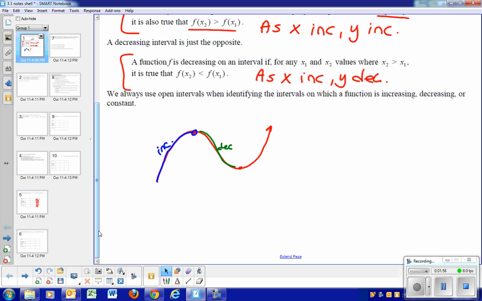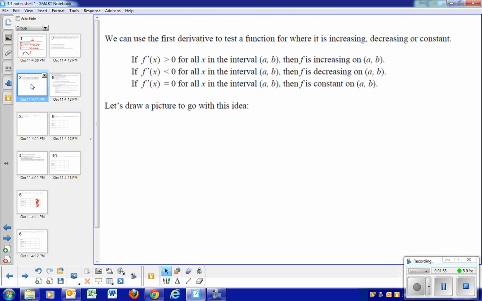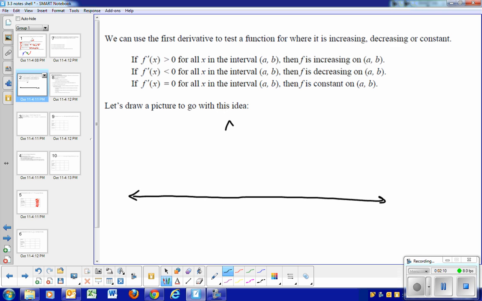To continue on in your notes, you see that we're going to use the first derivative to test where functions are increasing, decreasing, or constant. And that very much goes with the doodle graph that I just had on the previous screen. We'll draw a new one just for the heck of it. So if we had some function that went uphill and downhill and uphill, and then let's say it plateaus.